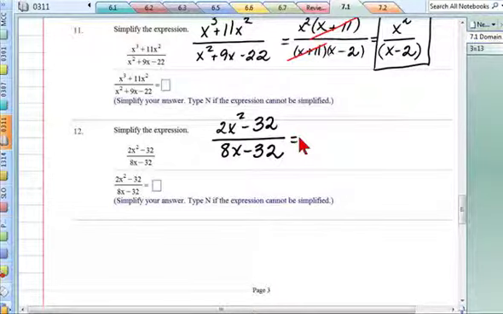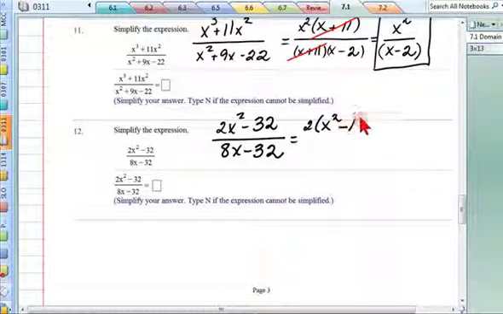All right, that numerator. What can we do with that? 2 is a common factor. Always look for the common factors. If I factor out the 2, that will leave me with an x squared minus 16. Now, we factored it out, but I'm looking at this binomial, x squared minus 16, and I'm thinking maybe we can factor further.